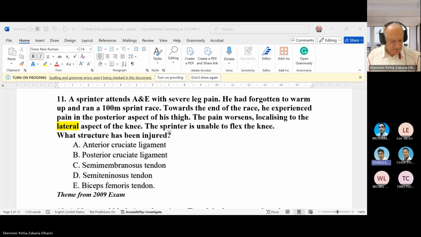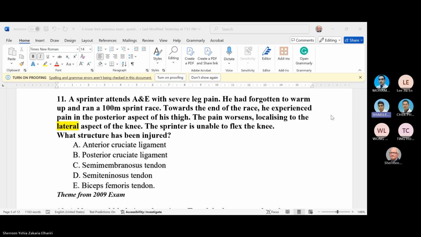A sprinter attends A&E with severe leg pain. He had forgotten to warm up and ran a 100-meter sprint race. Towards the end of the race, he experienced pain in the posterior aspect of his thigh. The pain worsened, localizing to the lateral aspect of the knee. The sprinter is unable to flex the knee. What structure has been injured?